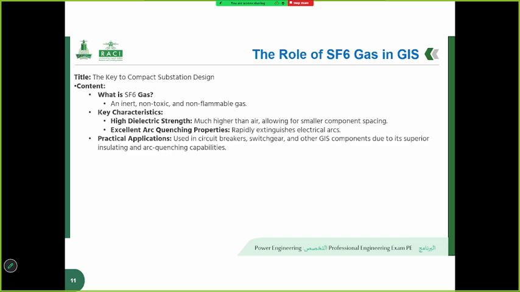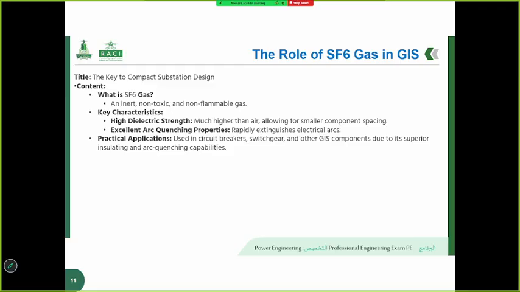This superior insulating capability allows for a drastic reduction in the spacing between the live electrical components, leading to the highly compact design of GIS. This is the primary reason why GIS takes up so much less space than the traditional AIS.